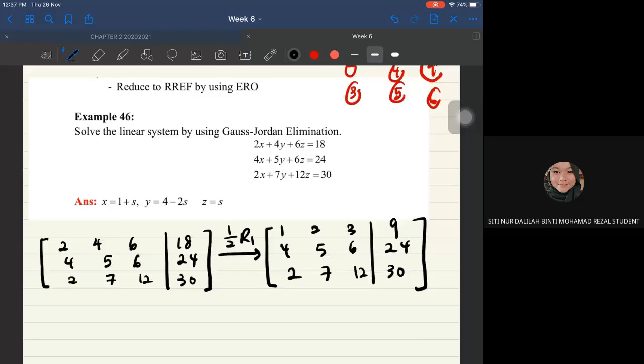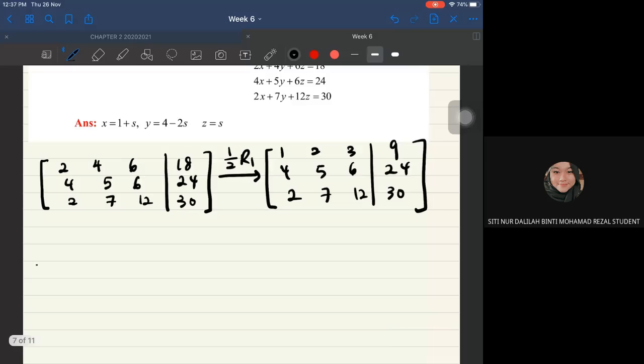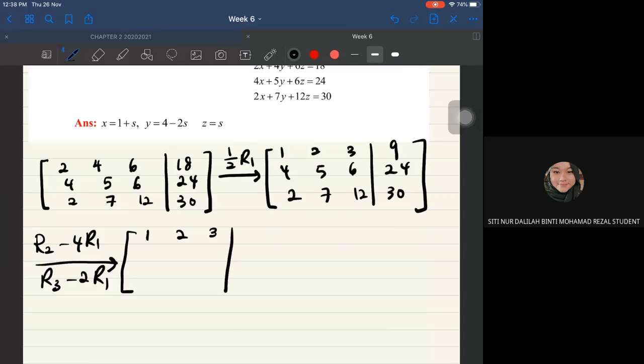Okay. So my next operation will be R2 minus 4 R1 and R3 minus 2 R1. Okay. So row yang pertama masih kekal. So for the second row, I will have 0, -3, -6, -12, 0, 3, 6, 12.